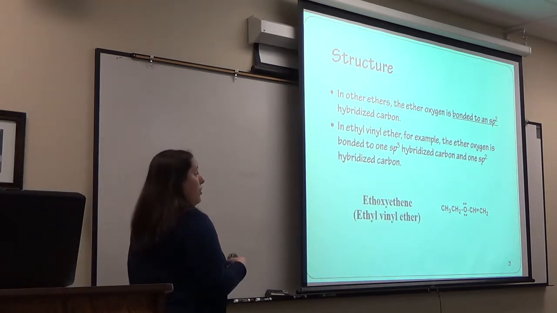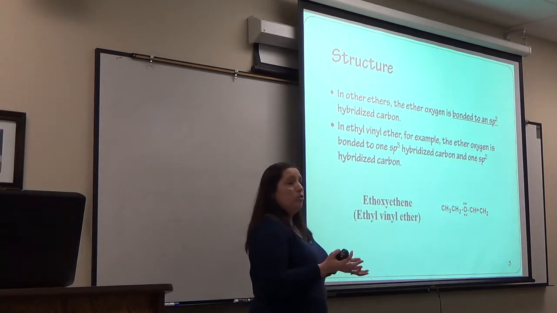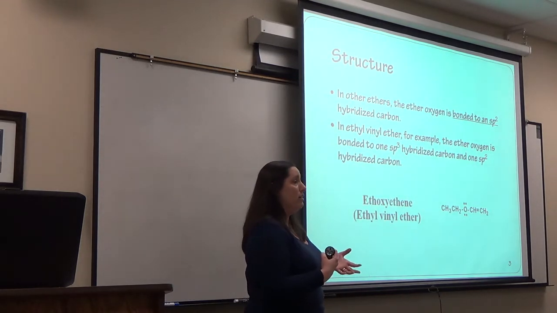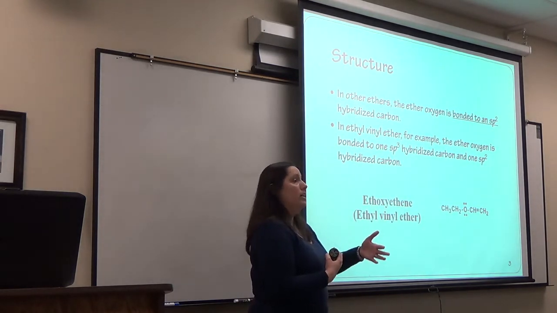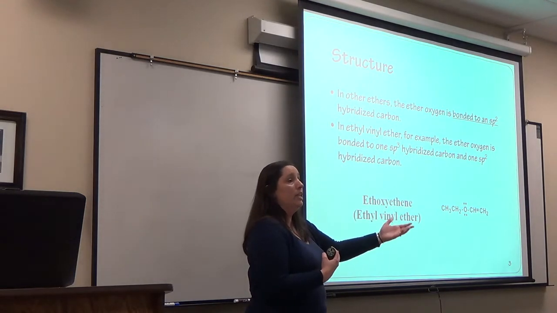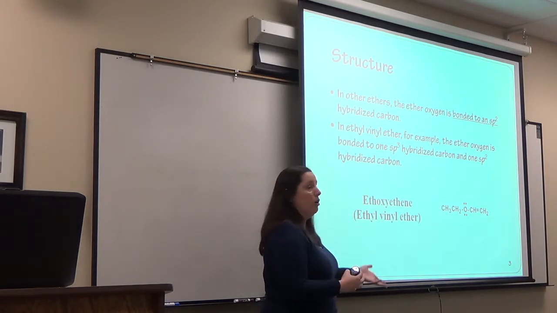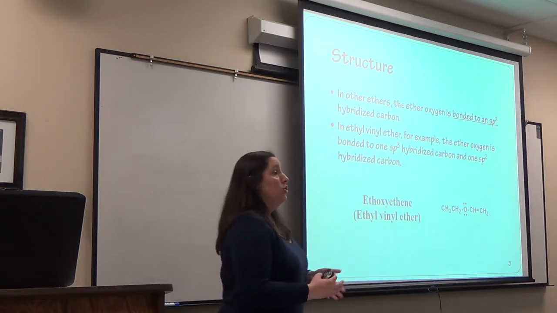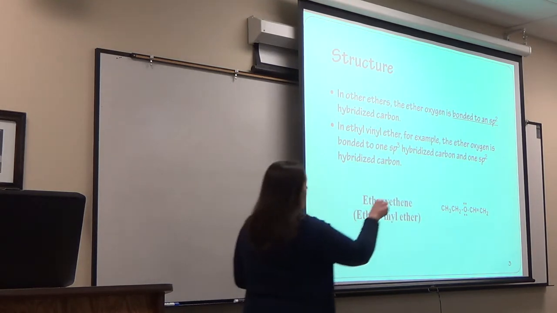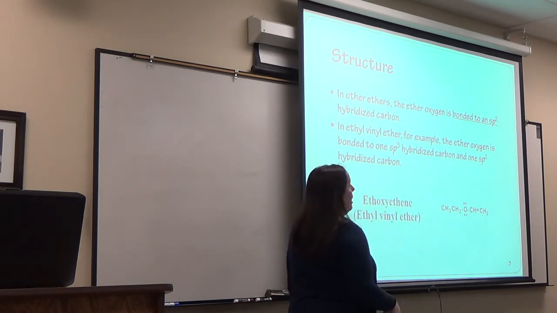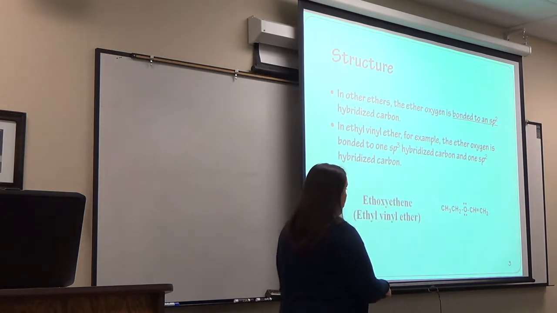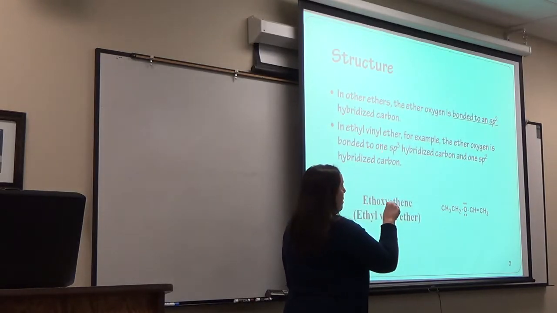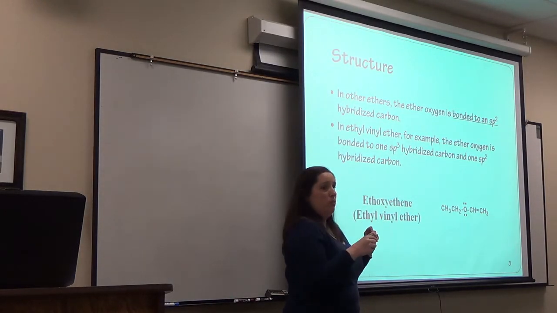Now with ethers, unlike alcohols, alcohols could not be bonded to an sp2 carbon. Remember that we talked about that because that forms an enol, and an enol tautomerizes to a keto group, to a ketone or a carbonyl group. But the ether does not. So you can have an sp2 hybridized carbon as part of your ether. For instance, this is an ethyl vinyl ether. Remember, vinyl is two carbons with a double bond in the middle.